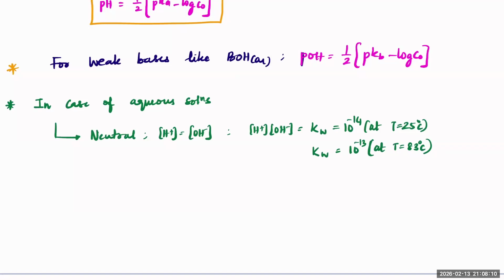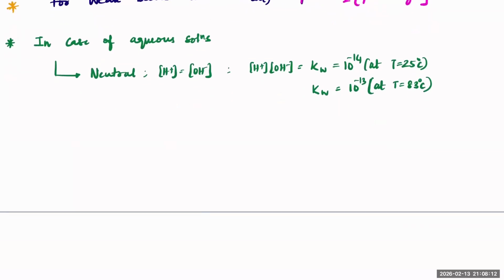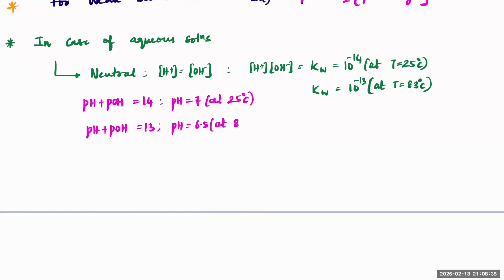So for a neutral solution, the pH value plus pOH value will be equal to 14. Since pH and pOH are equal, pH has to be equal to 7 at 25 degrees Celsius, or pH plus pOH is equal to 13 and pH has to be 6.5 if you are operating at around 83 degrees Celsius.